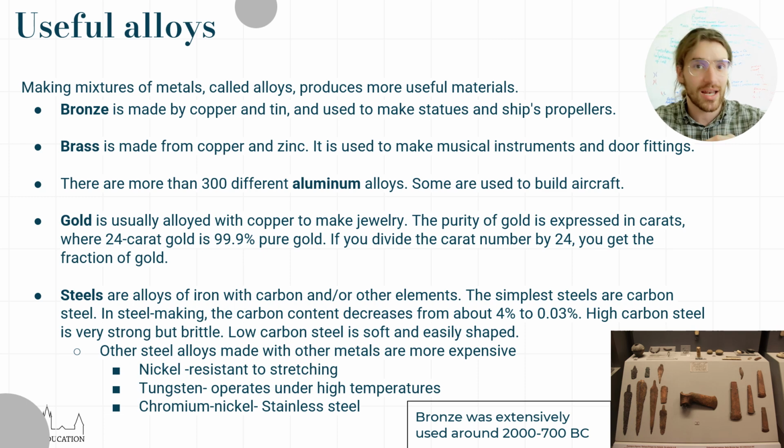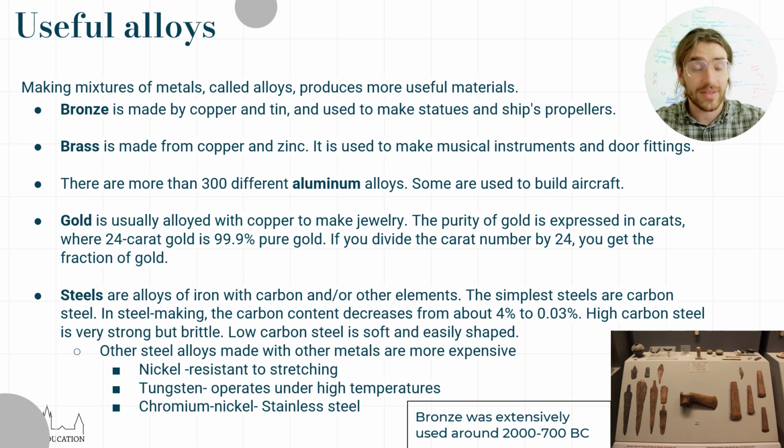Aluminium, there's many aluminium alloys. So when we look at an aluminium can or aluminium foil that you might cook with, it's not going to be pure aluminium. It's going to be an aluminium alloy. Gold, same thing. We don't use pure gold for our jewelry. Usually we're going to mix it with something like copper.